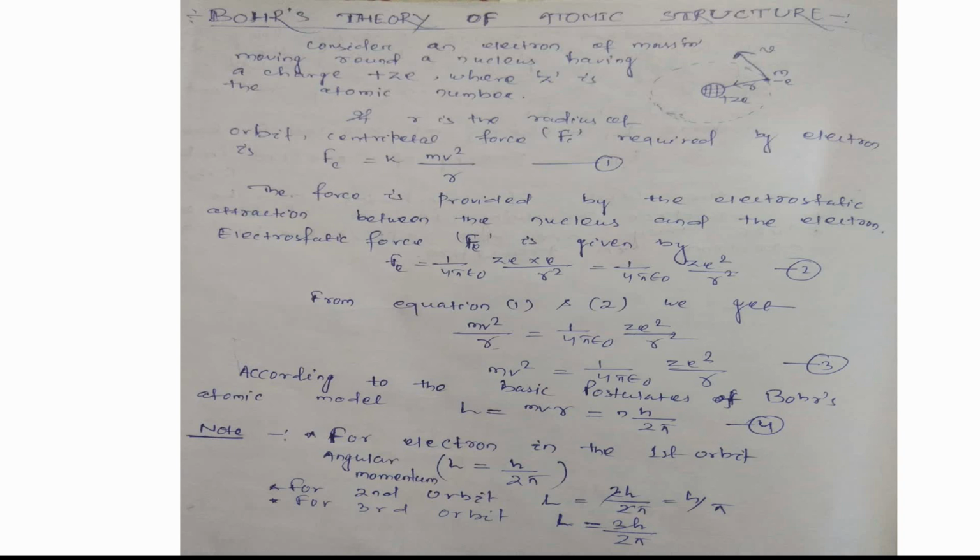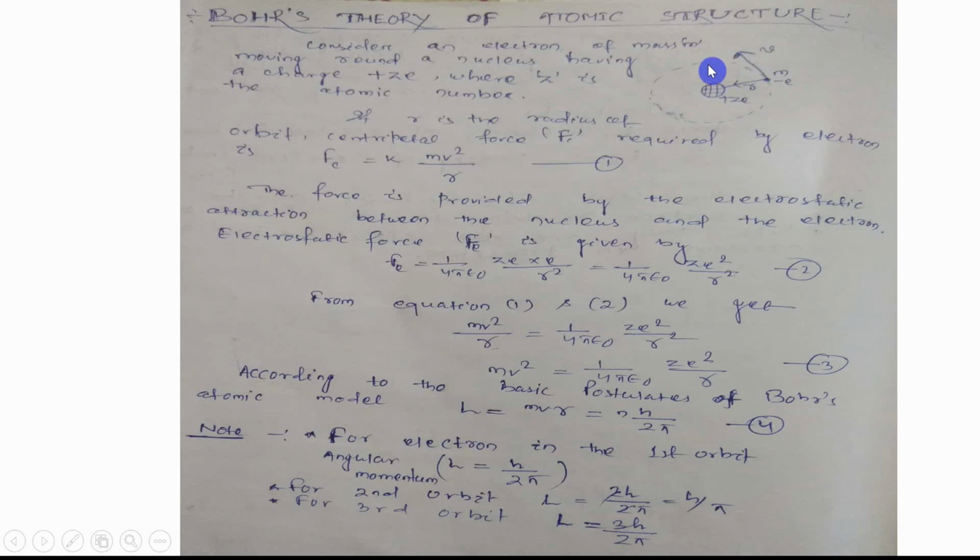The gravitational force is the best example of centripetal force, where the sun is at the center and the planets are revolving around the sun in circular paths. There the centripetal force is acting, and in that case it is the gravitational force.